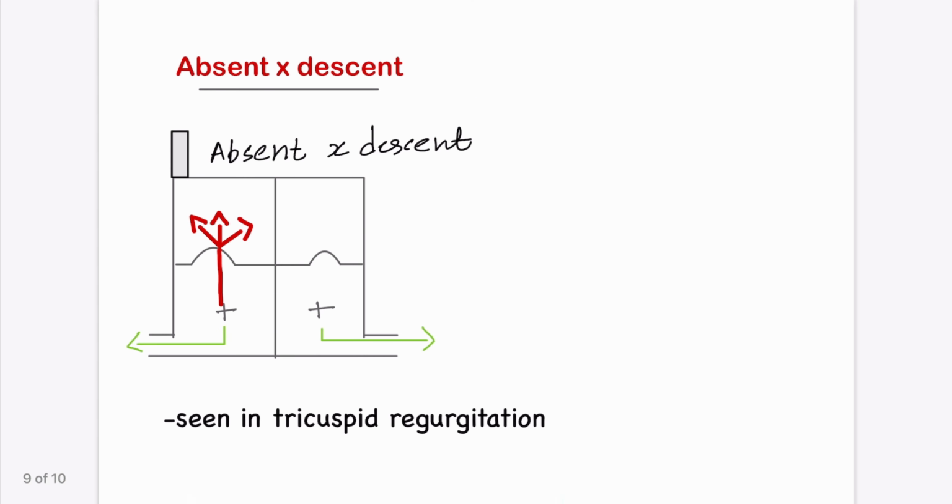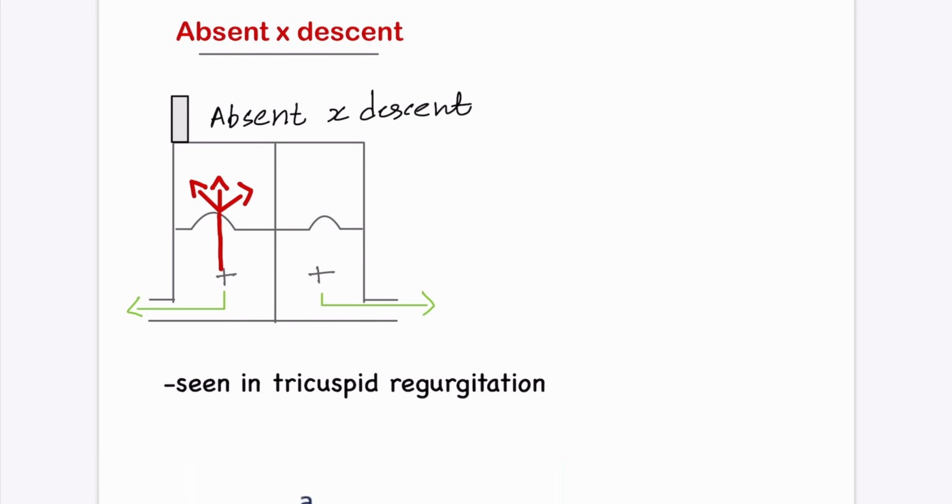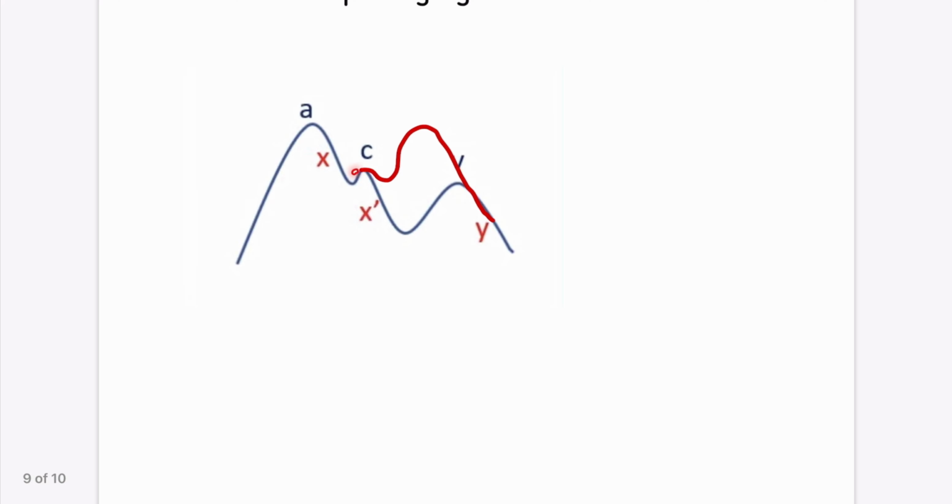But in the case of tricuspid regurgitation, this valve is not closed properly. So during the ejection phase, there is a backflow of the blood. So there won't be an X descent. So the wave will be in this form. After the C wave, there won't be X descent, it will be like this.